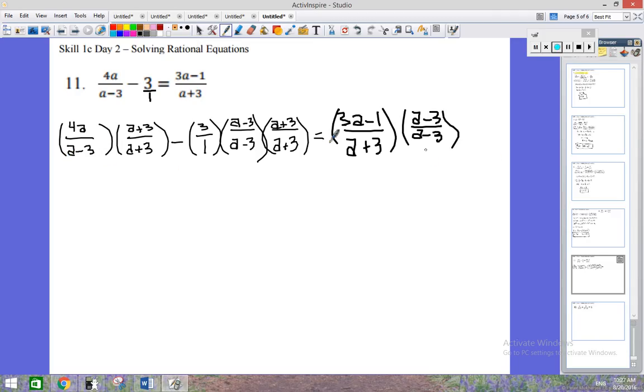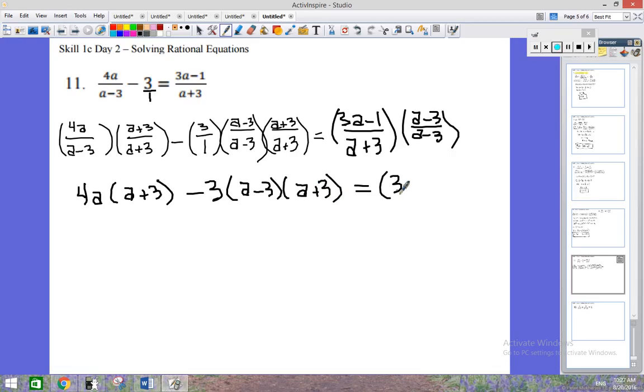If I were to multiply every term by that common denominator, they would all cancel. So I just, in general, refer to that as clearing the denominators. And I have 4a times a plus 3 minus 3 times a minus 3 times a plus 3, and 3a minus 1 times a minus 3.